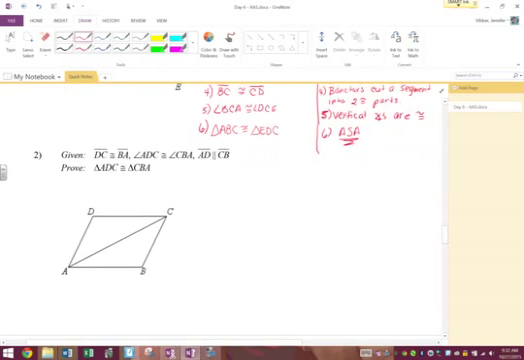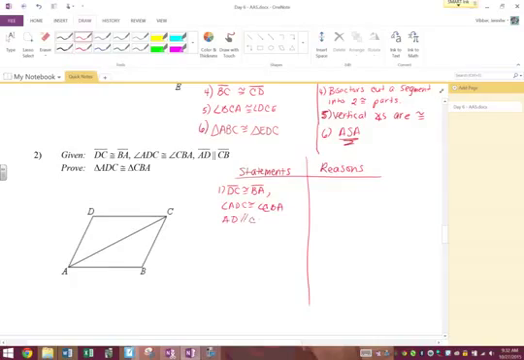All right, and moving down here, last but not least, I have another proof. I have statements. I have reasons. I have my givens. And this is given.